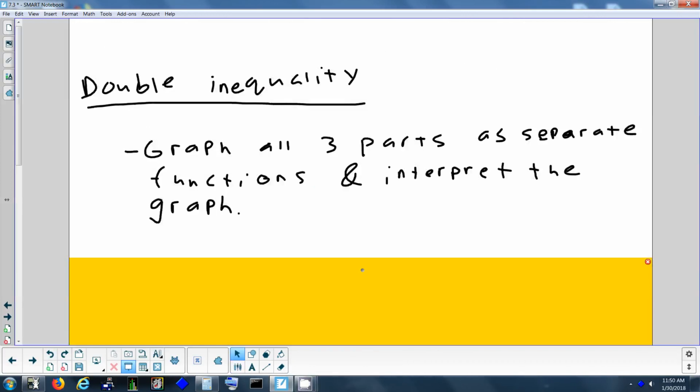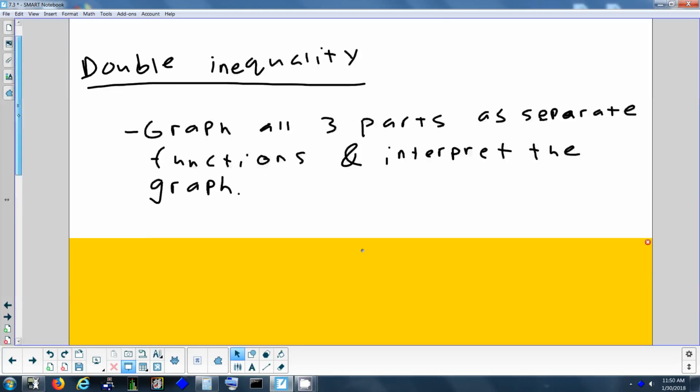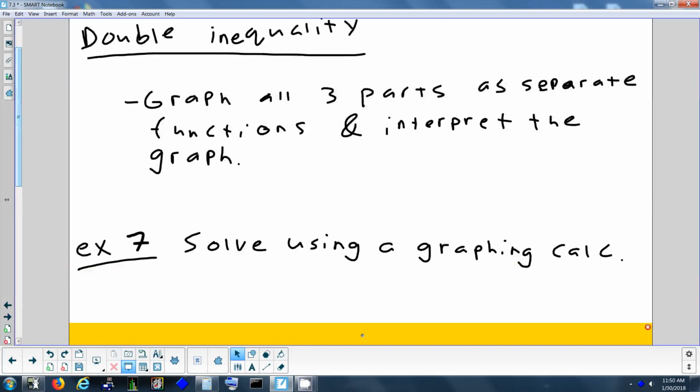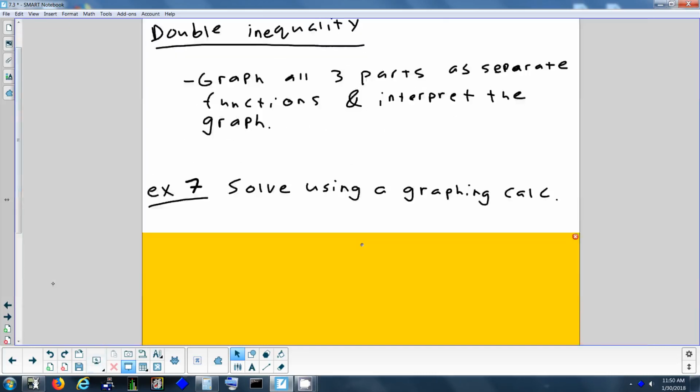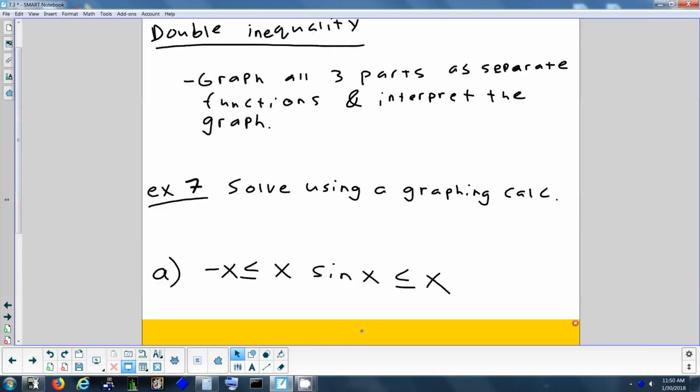So let's finish up with a double inequality. With a double inequality, the only thing you have to do extra is instead of just using y1 and y2, use y1, y2, and y3. Use all 3. And I want to solve that.